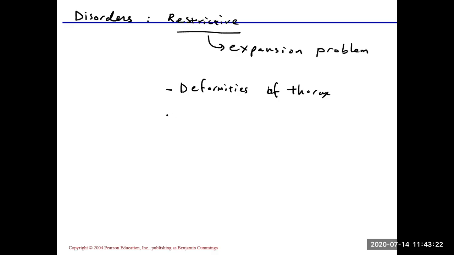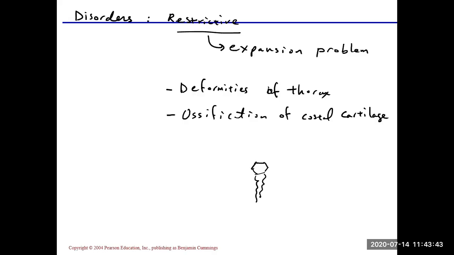Another problem of restrictive disorder could be ossification of the costal cartilage. You have the ribs, and if you remember, over here you had costal cartilage, and over here you had the ribs.